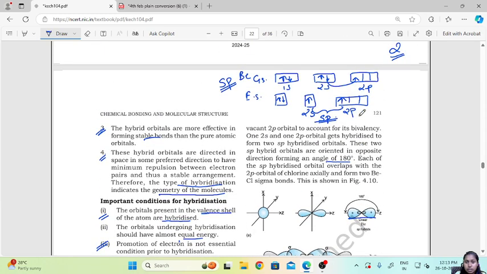Now we have to satisfy these electrons. Since they are singly occupied, we have to add some atoms to balance them out.